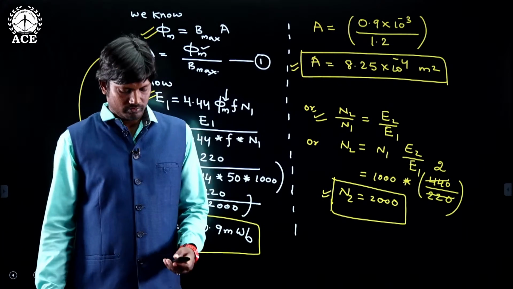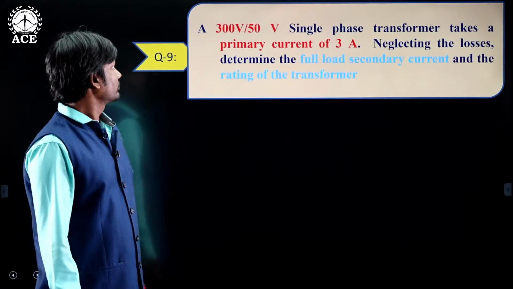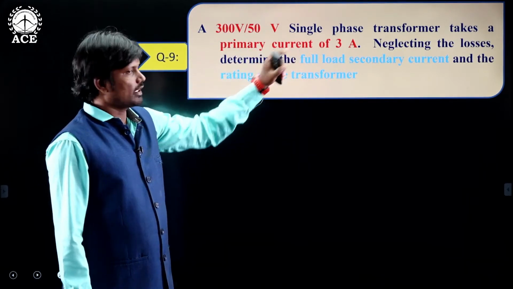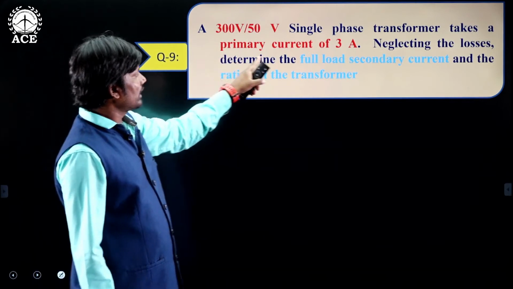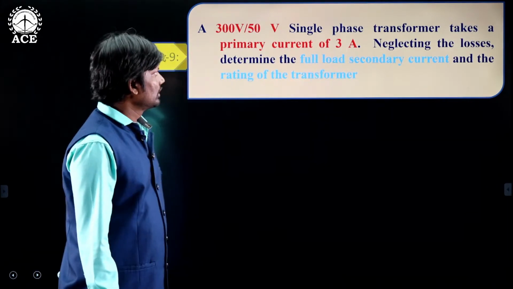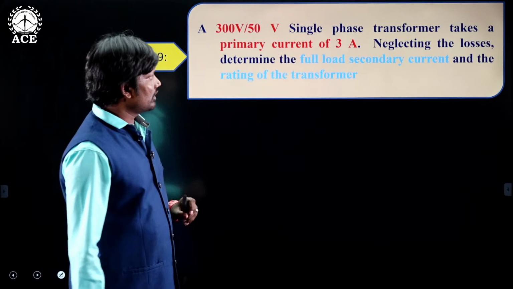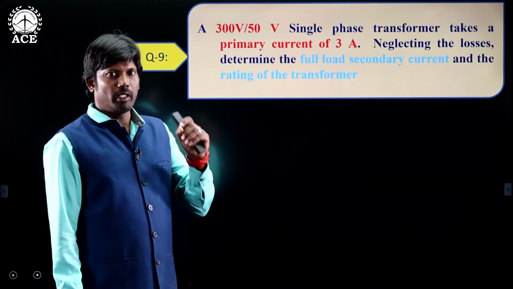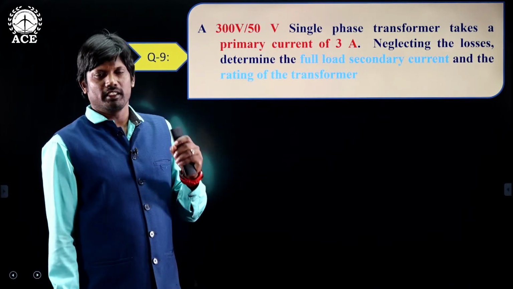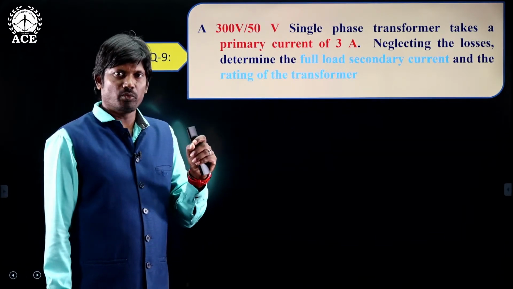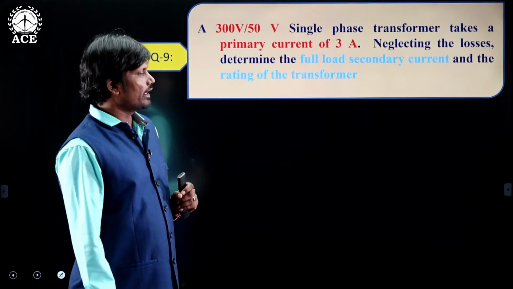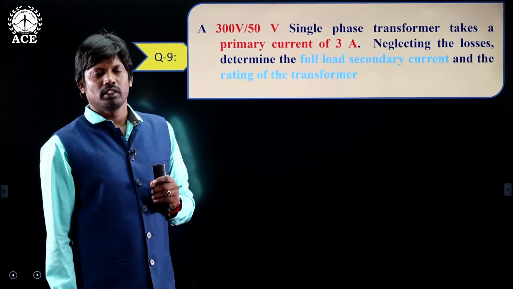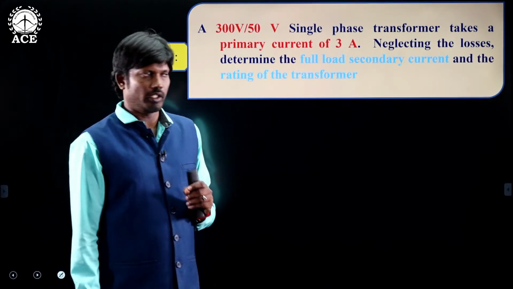Okay. Now next question. A 300 volts by 50 volts single phase transformer takes a primary current of 3 amps. Neglecting the losses means the primary applied voltage is equal to primary induced voltage, and similarly the secondary terminal voltage V2 is equal to secondary induced EMF E2.